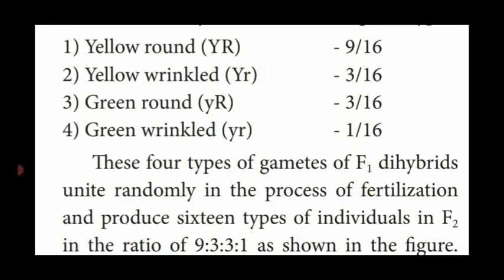Out of 16, 9 are dominant round yellow, 3 are wrinkled yellow, then another one round green 3 and wrinkled green 1. That is the ratio which is expressed in the F2 generation. So the ratio of dihybrid cross is 9:3:3:1.